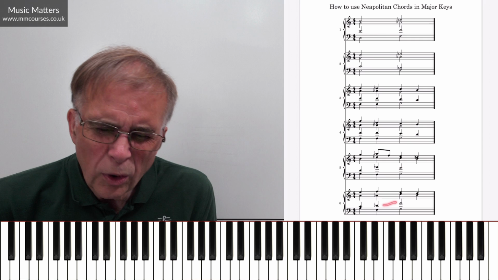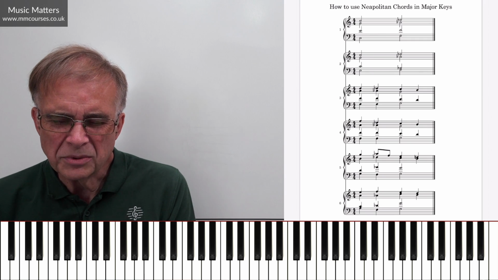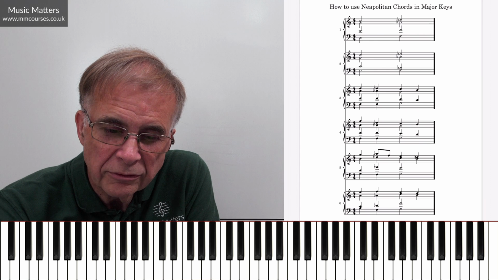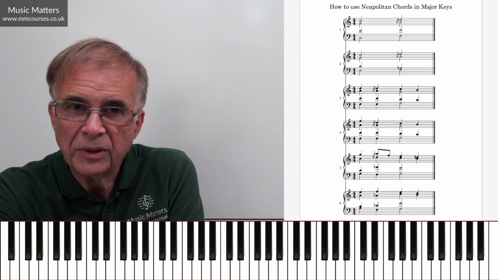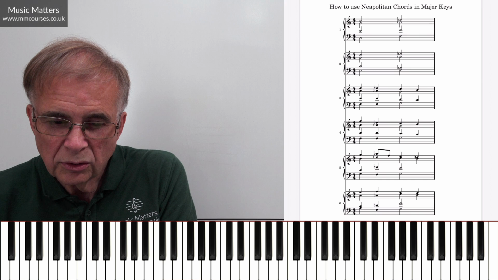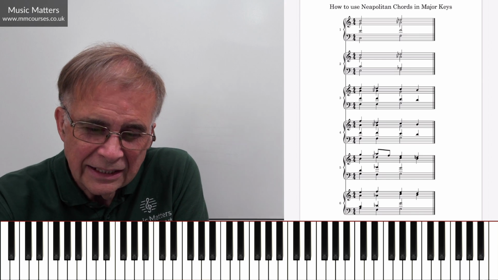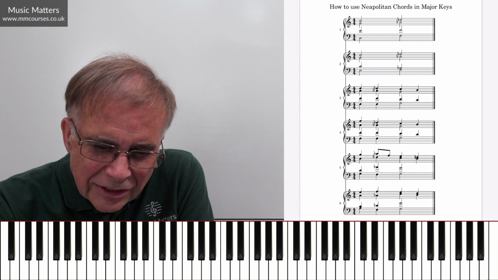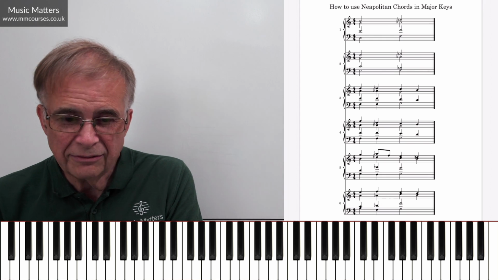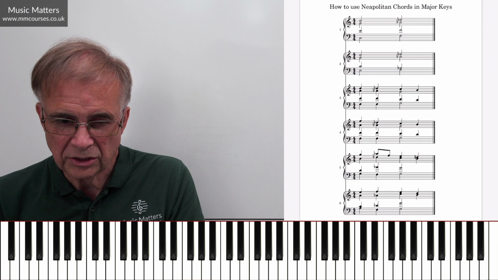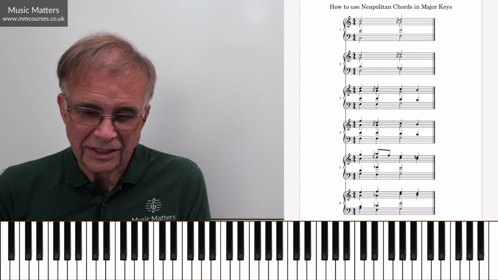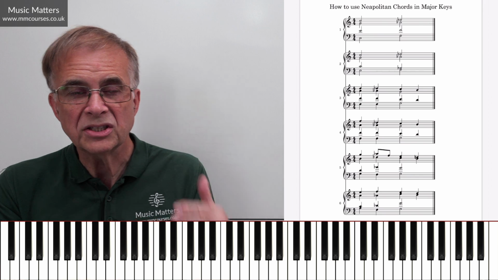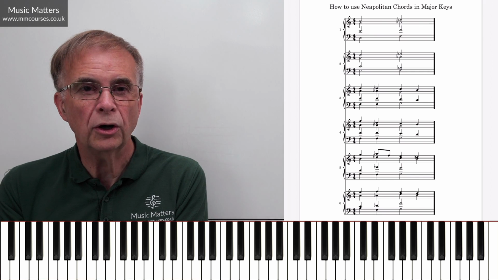So you see quite often you end up dealing with these tritone situations. In the previous example, going from 5, we had a tritone from the approach chord to the Neapolitan. And in the example with chord 6, we've now got a tritone leaving the Neapolitan going on to the resolution. You've got to weigh these things up to make sure that you don't have consecutive fifths or consecutive octaves.